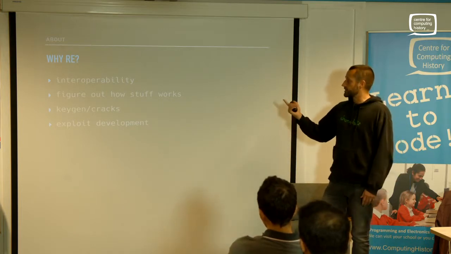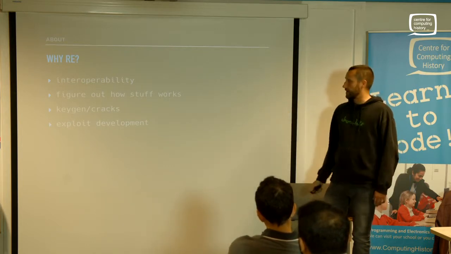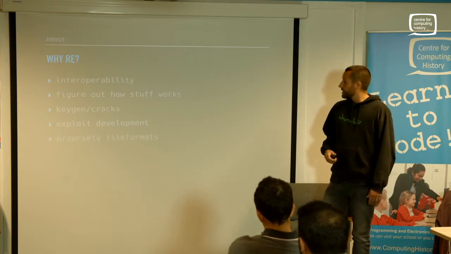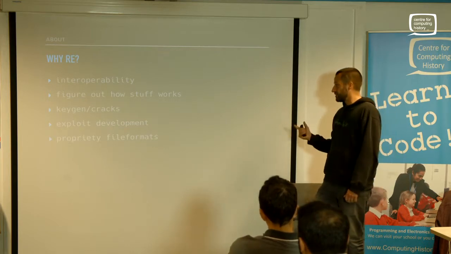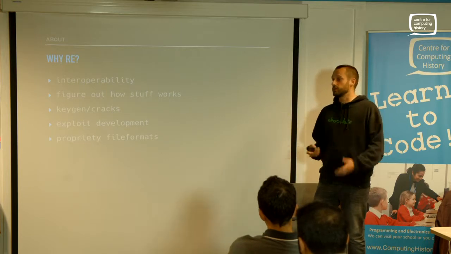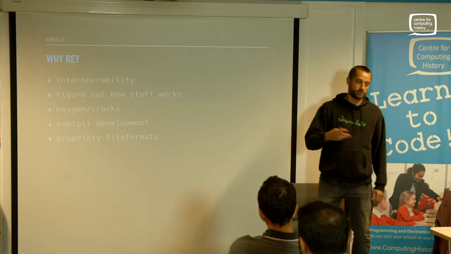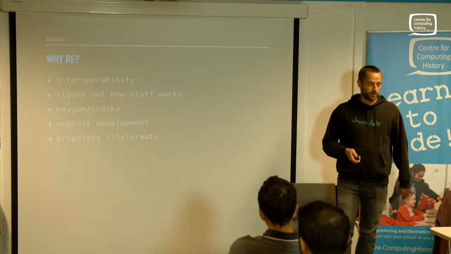So you've got to find some sort of entry point, reverse engineer it, and see if you can find any possibility of exploiting the application. And then also proprietary file formats. A lot of software uses file formats that aren't publicly documented, but we want open source tools to be able to read those file formats. So we can look at these files and reverse engineer exactly how they're being read and what they contain.